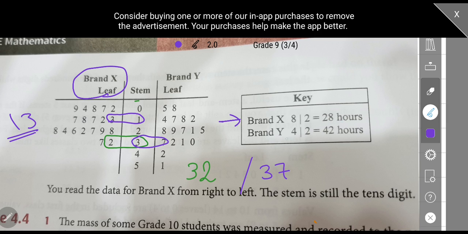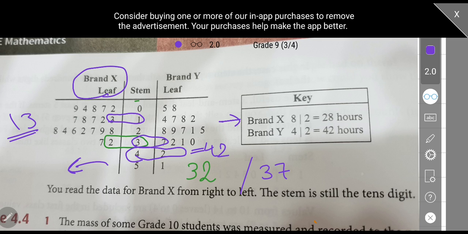Now for brand Y, 4|2 gives me 42. Why is the other side different? Because it's the opposite direction, that's why.